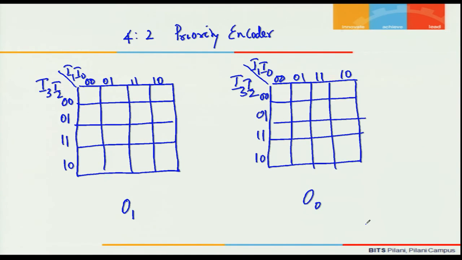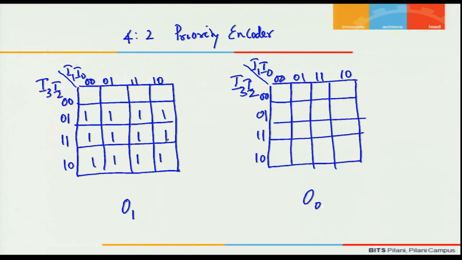Let us see how we design a 4:2 priority encoder using gates. We could plot a K-map for the outputs O1 and O0 for the inputs I3, I2, I1, I0. As per the previous table, O1 is a 1 if I2 is a 1 irrespective of I1 and I0, and if I3 is a 1 irrespective of I2, I1, I0. If you plot that in the map, it will look something like this.